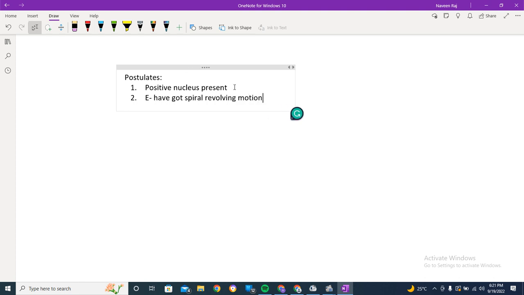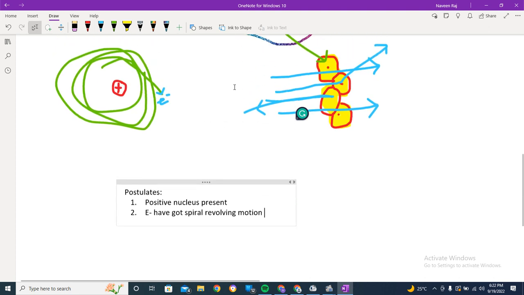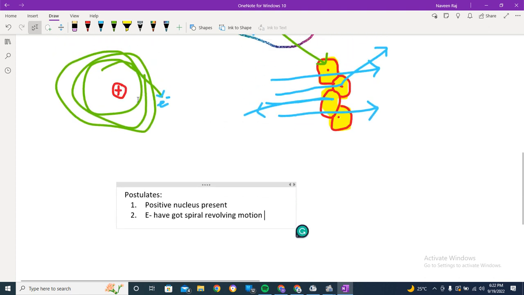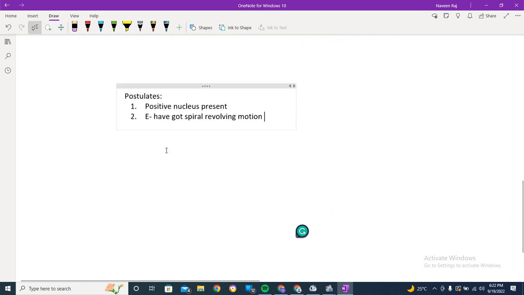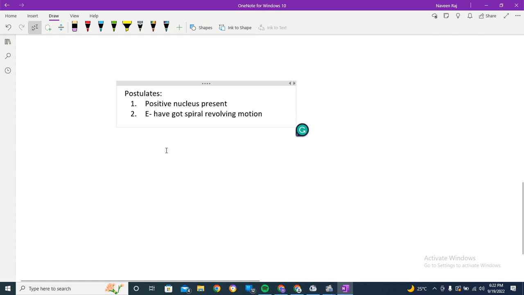There are of course defects in this model, and we're looking into these as well, because if we take today's modern theories, they are totally unacceptable, the idea that the electron is having a spiral motion. This is a spiral motion. You can see that the green one is revolving with a spiral motion. So this is what he said.